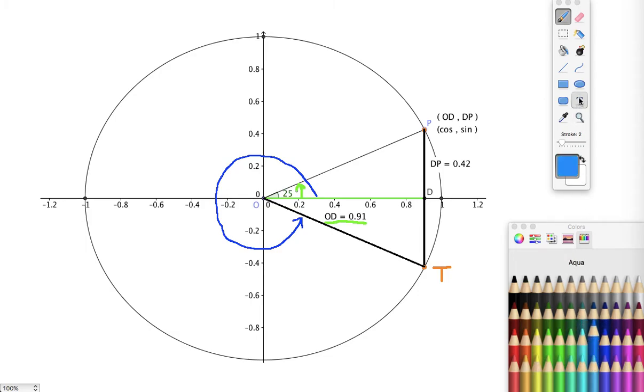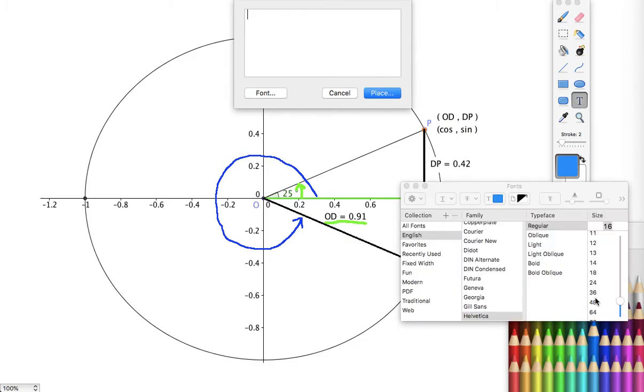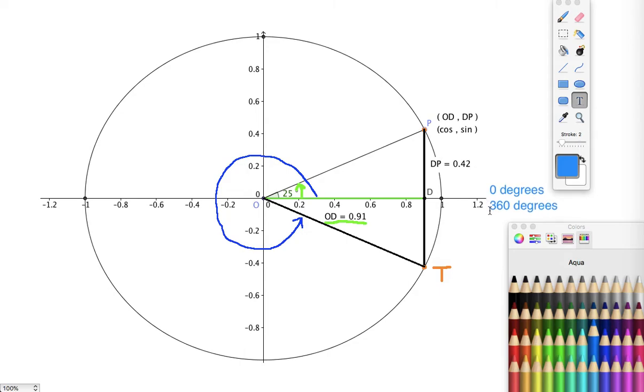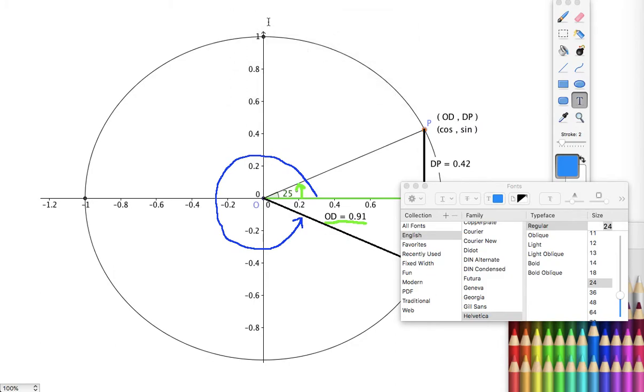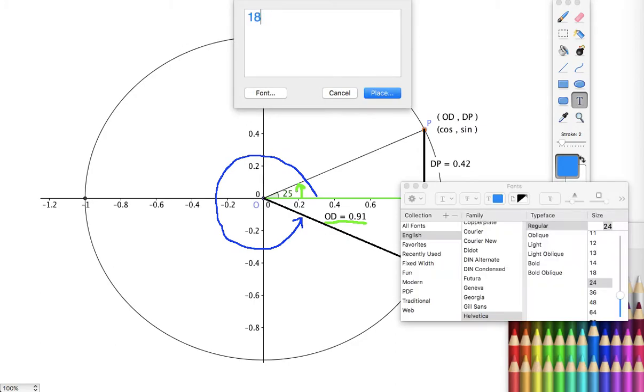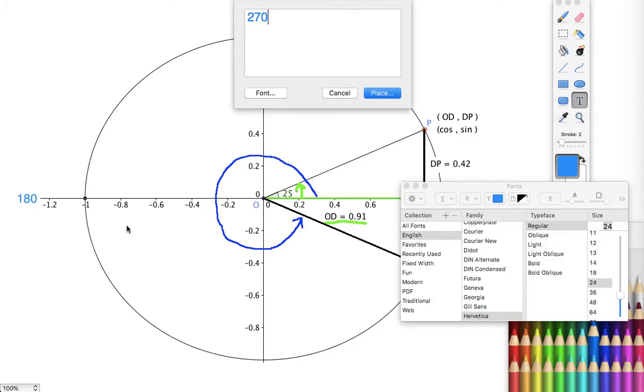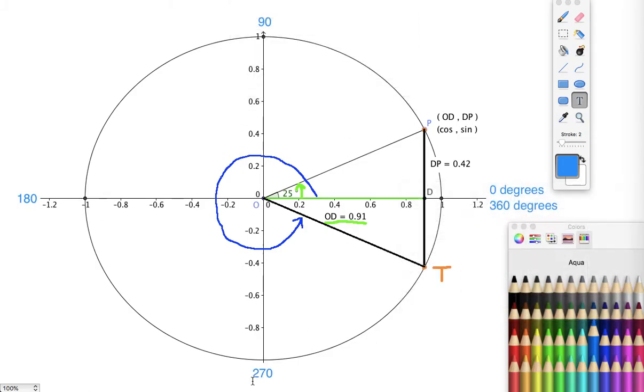Reminder that 0 degrees and 360 degrees is right over here, that horizontal line. 90 degrees is up here. 180 degrees is over here. And 270 degrees is down here.